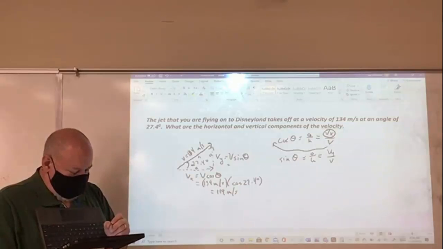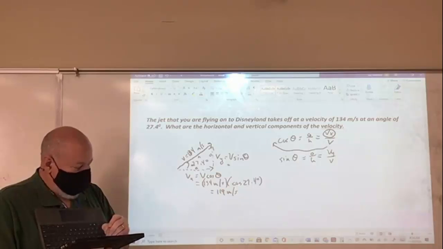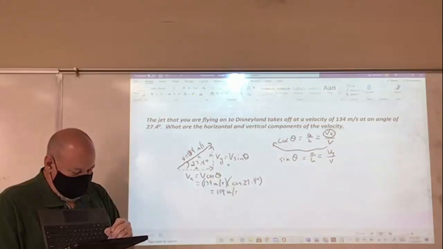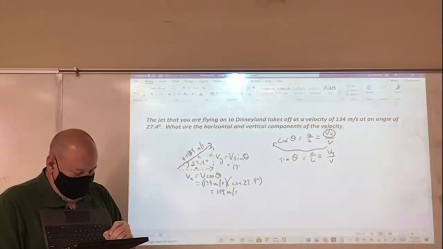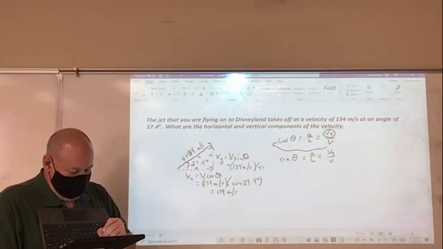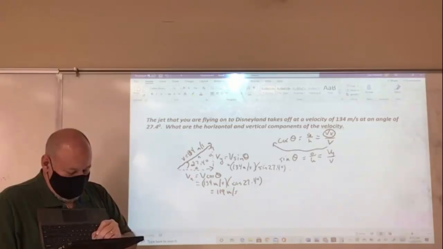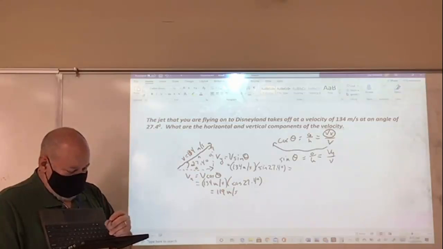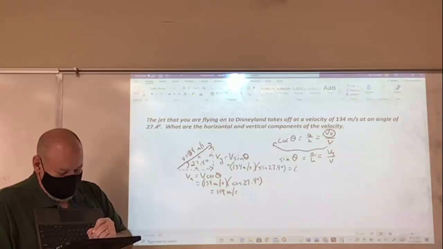And then if I want to talk about the opposite side, V times the sine of theta is going to be 134 meters per second times the sine of 27.4 degrees. And what did you get for that, Kirsten? 61.7. 61.7 meters per second.